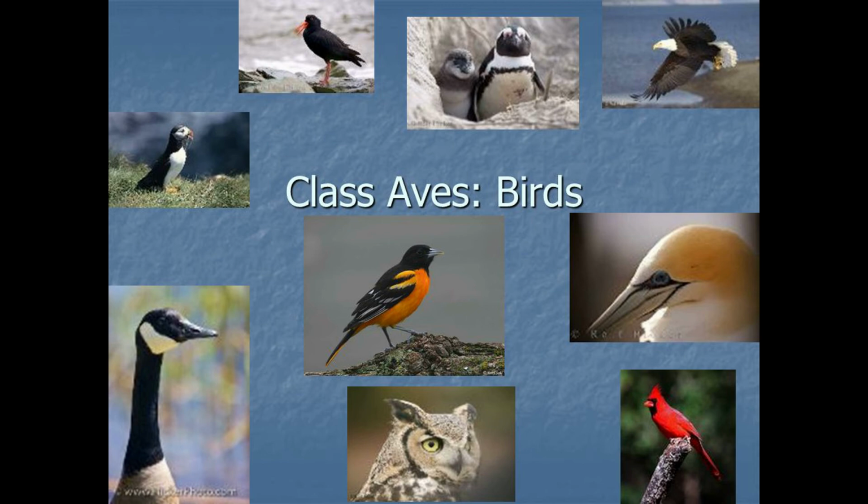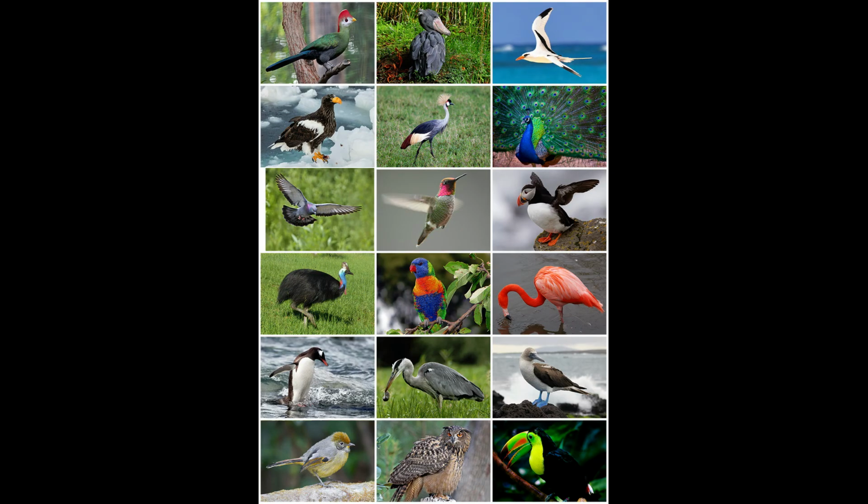They breathe through the lungs. So all the birds will come in this category. You can see different varieties of birds around us. So only two classes, aves and mammals, have a four-chambered heart and are warm-blooded. Before that, amphibians and reptiles are cold-blooded animals. That you have to keep in mind.